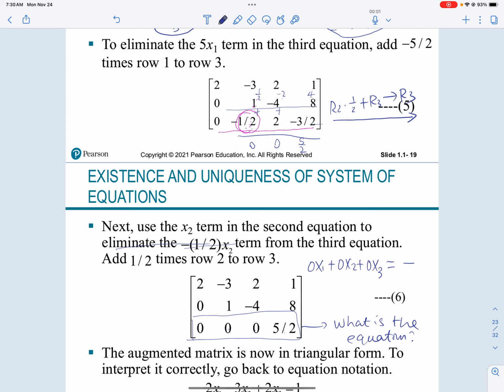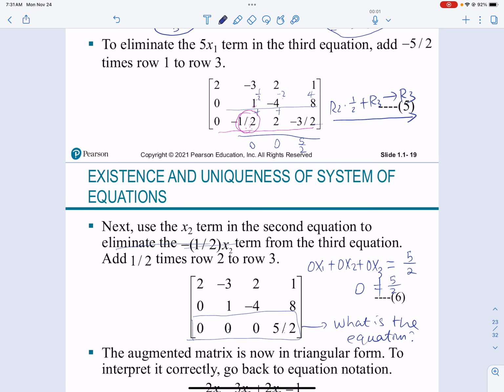The last number is on the right side, equal to 5 over 2. What does this mean? 0 equal to what? 5 over 2. What is your conclusion? Could 0 ever be equal to 5 over 2? No. Yeah.